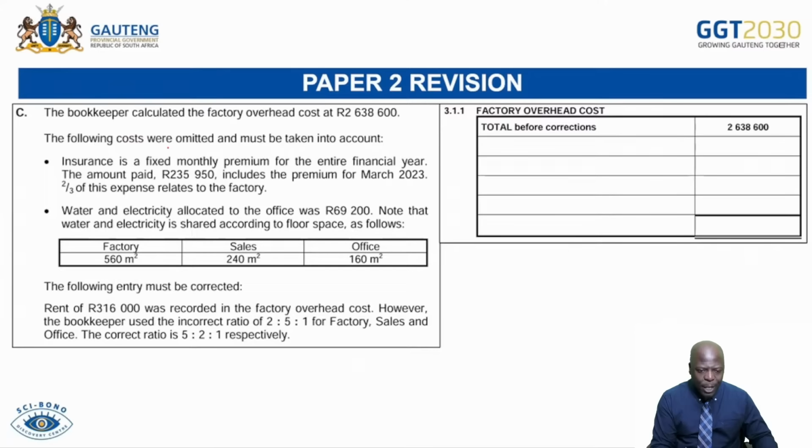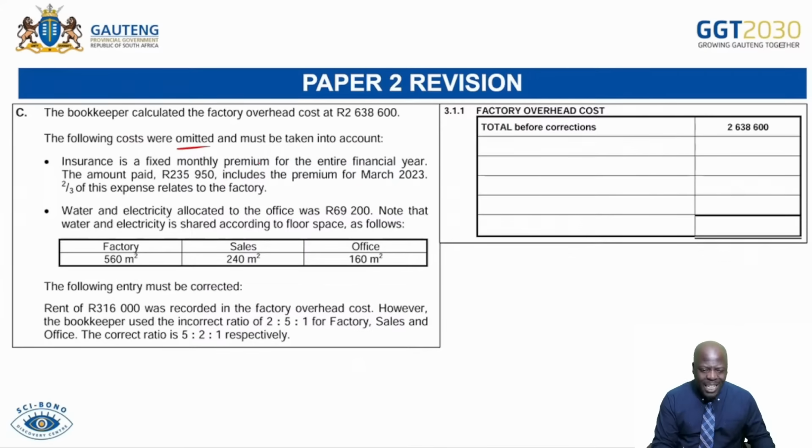These are costs that were not taken into consideration, and we need to do that. It is key that you know how to do this, but we're going to go through these adjustments together.